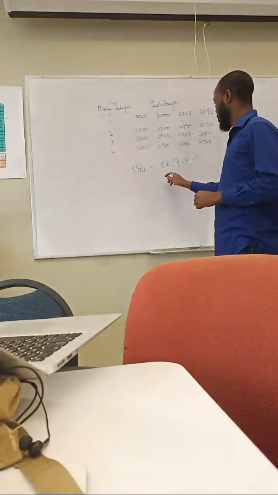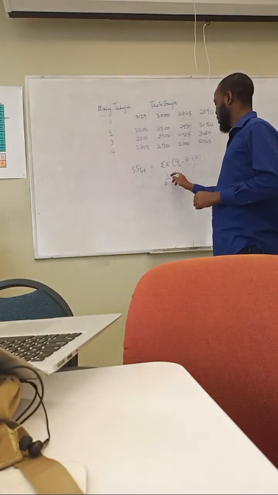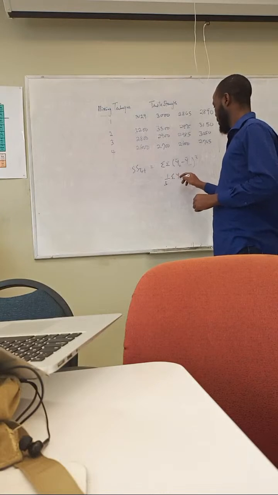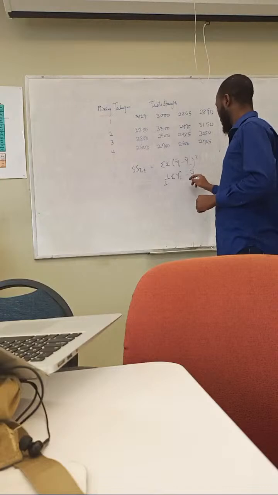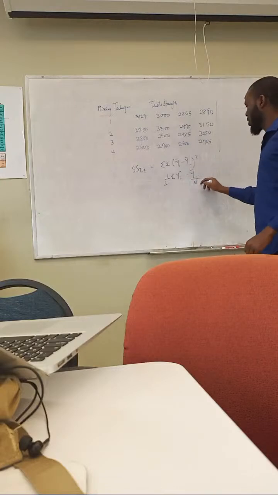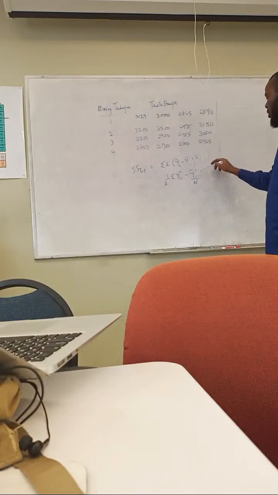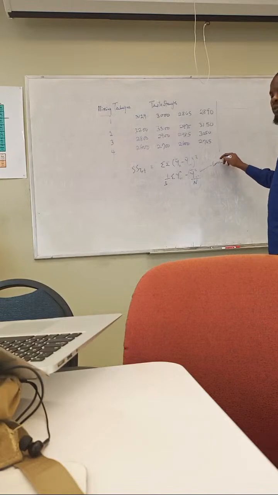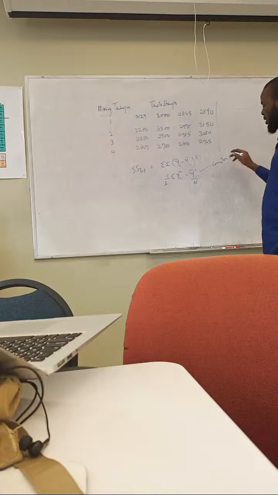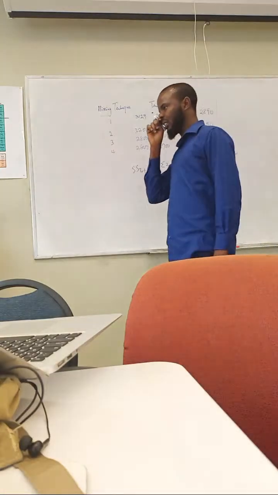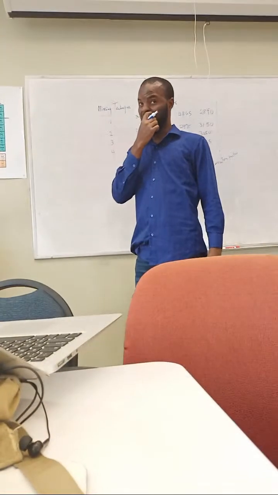But she says you can use 1 over b summation y_i dot squared minus y dot squared over N. This last term is called the correction factor. They use this to correct the value. We use correction factors a lot in statistics, especially when writing research articles.